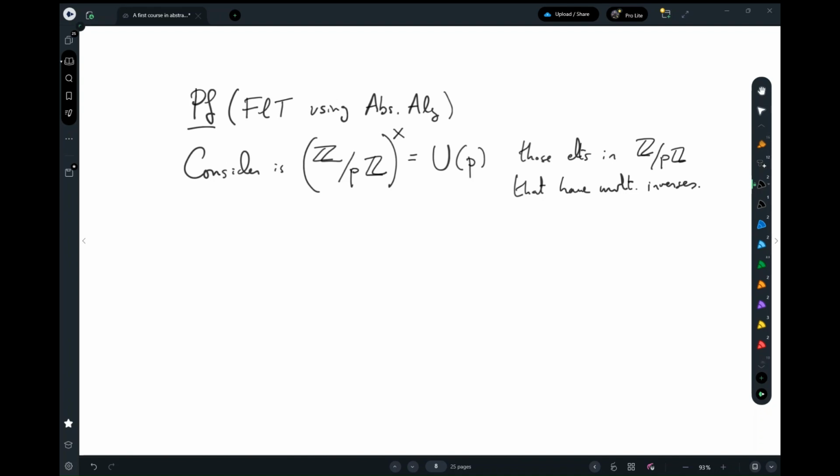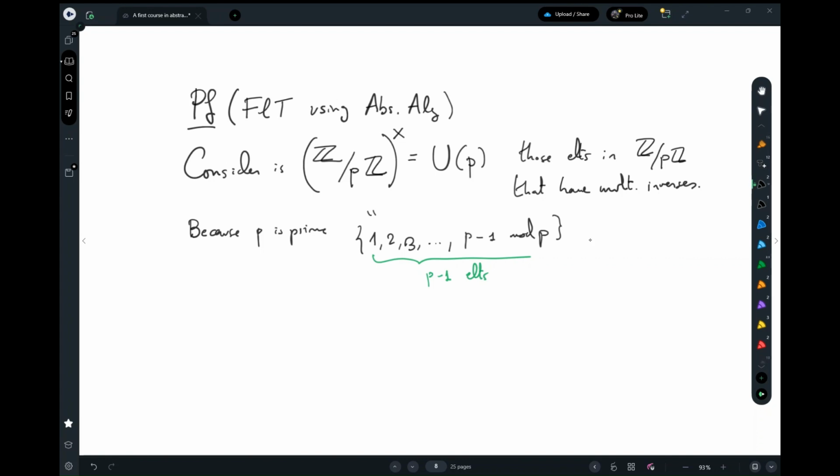And it turns out that because p is prime, we know what this is. This is precisely 1, 2, 3, up to p minus 1 modulo p, everything except 0, because as long as you are relatively prime to p, you do have an inverse. So this group has p minus 1 elements. Great.